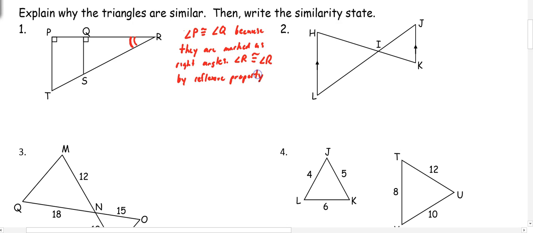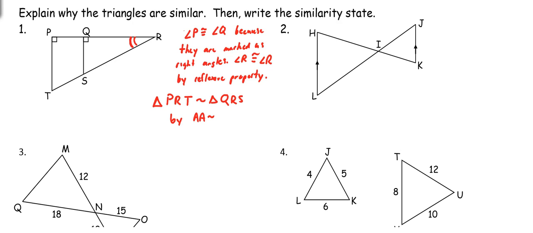Now that we have our two angles, we can say that the triangles are similar. I'm going to name the big triangle first. So triangle PRT is similar to triangle QRS by angle-angle similarity.